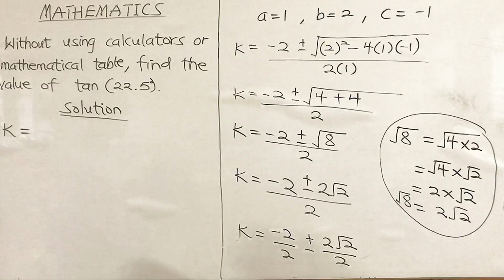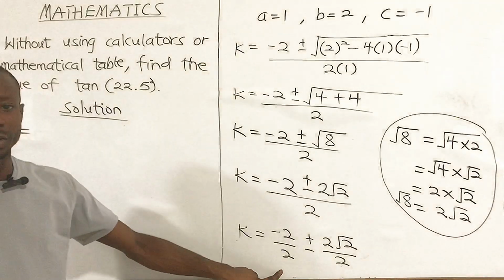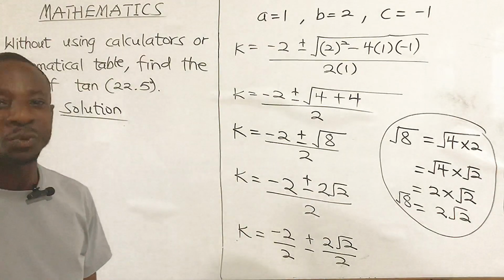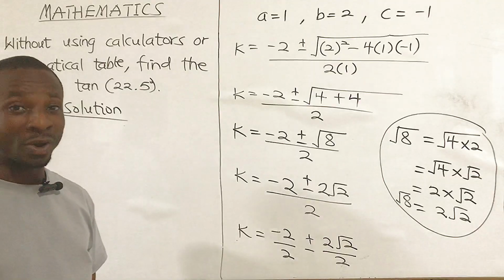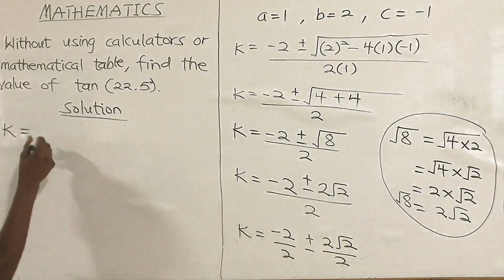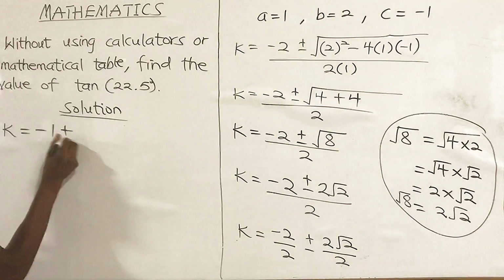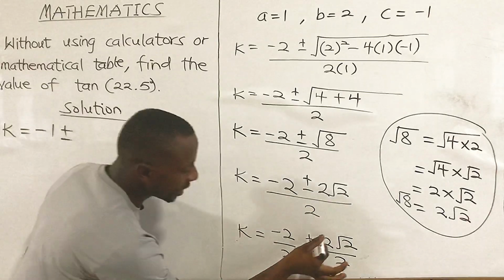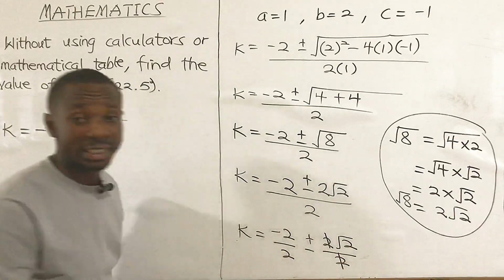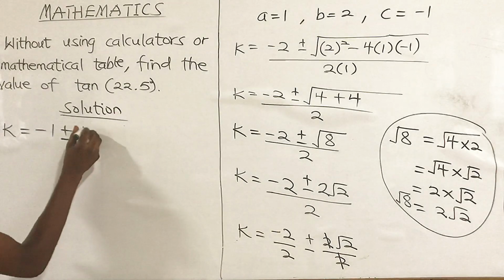So I have k to be negative 2 over 2. What will we get? You had negative 1. Very good. Plus or minus. Then we could see that this can also take up this. So we have root 2.